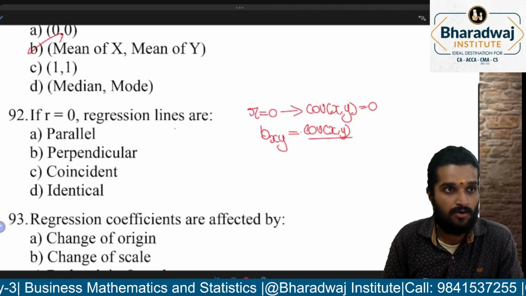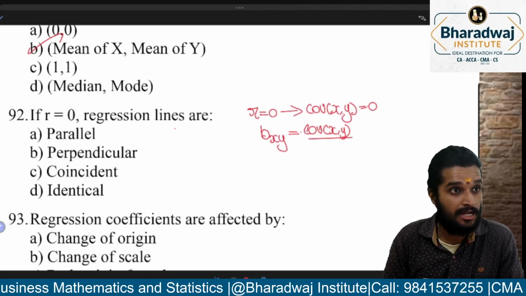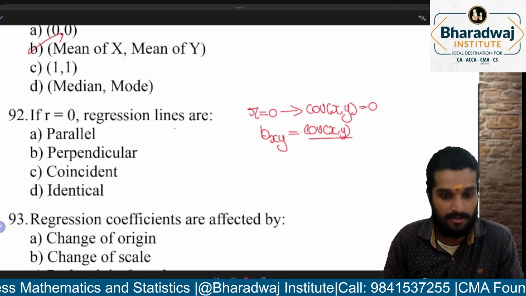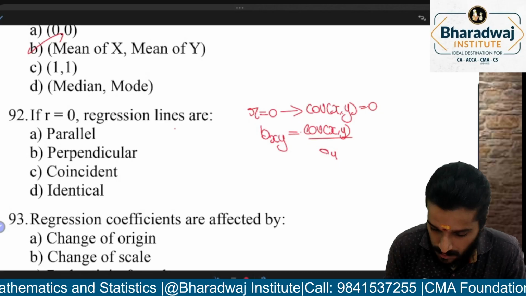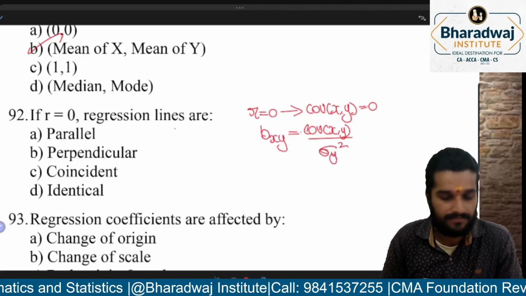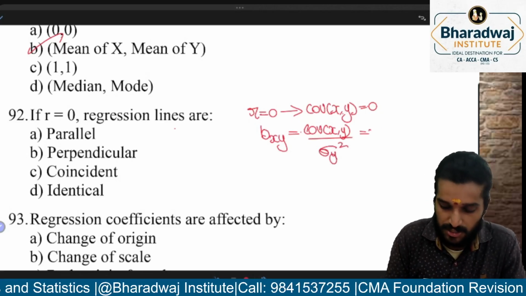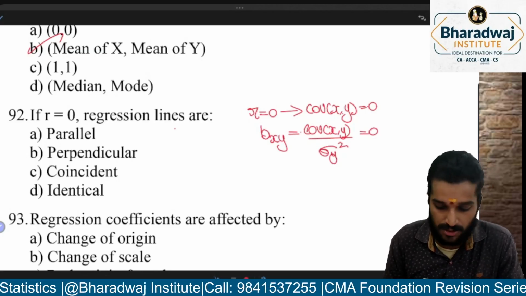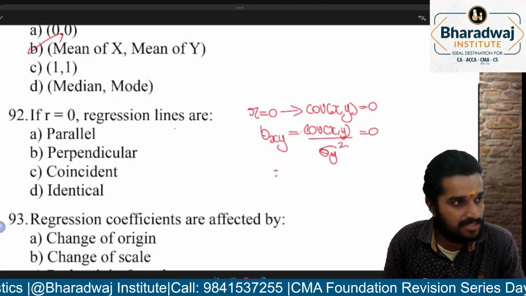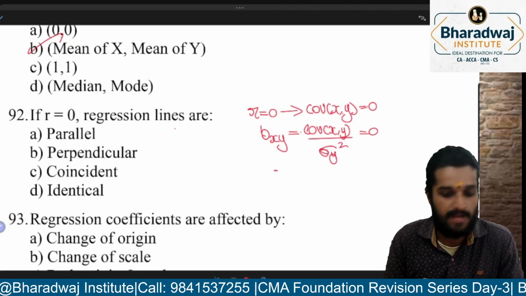What should be in the denominator? The independent variable, that is the variance of the independent variable, which is sigma y square. That is also 0. I have to find bxy, means what is the line, how can the line be?